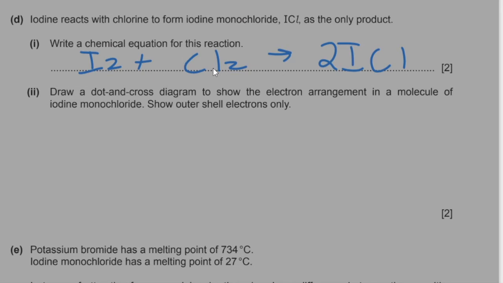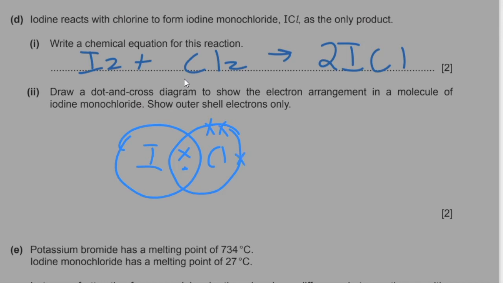Right, so iodine and chlorine, both from group 7, have 7 electrons, and they both need only 1 electron to complete the outer shell, and that means they are both going to share one of their electrons to complete that shell. So I have X representing chlorine over here, and the dot representing iodine electrons.